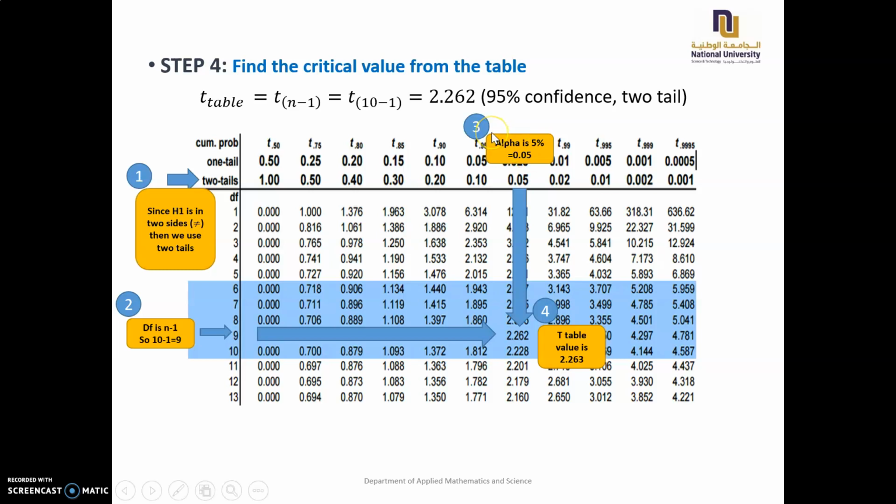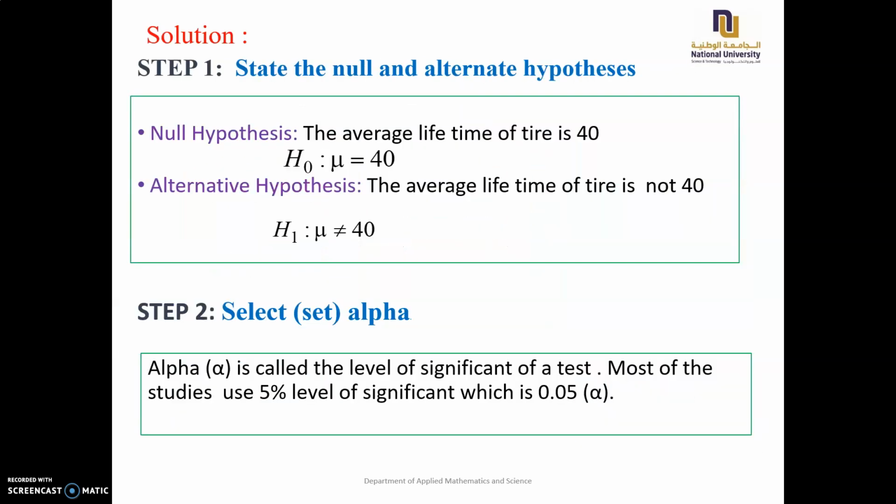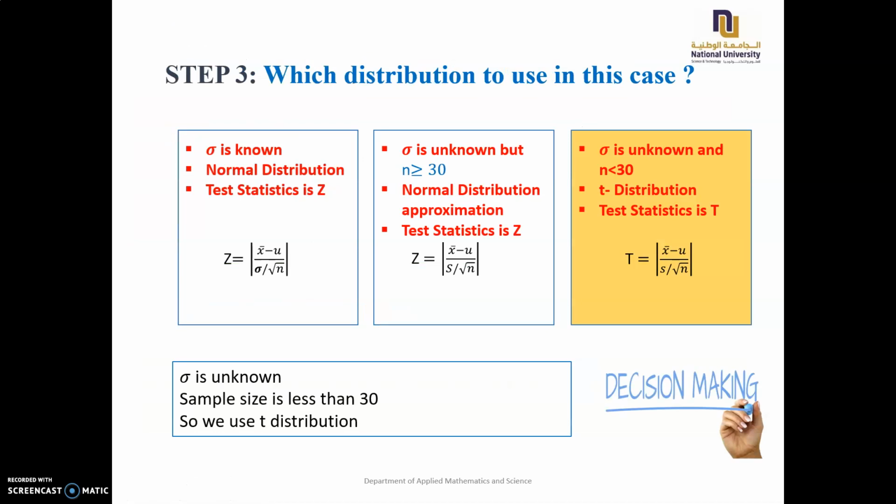Now step number 4, find the critical value from the table. How do we usually find the critical value or the table value? First of all, we decide whether it's a one-sided test or a two-sided test. Since in the alternative hypothesis you're testing not equal, it means you're testing two-tail, or two-sided.